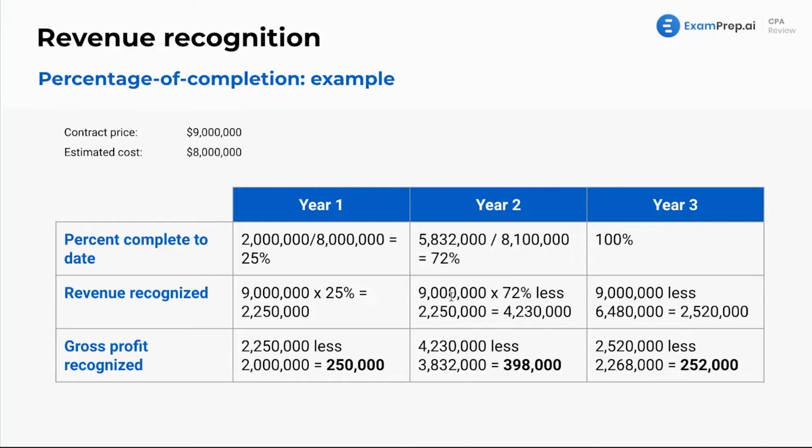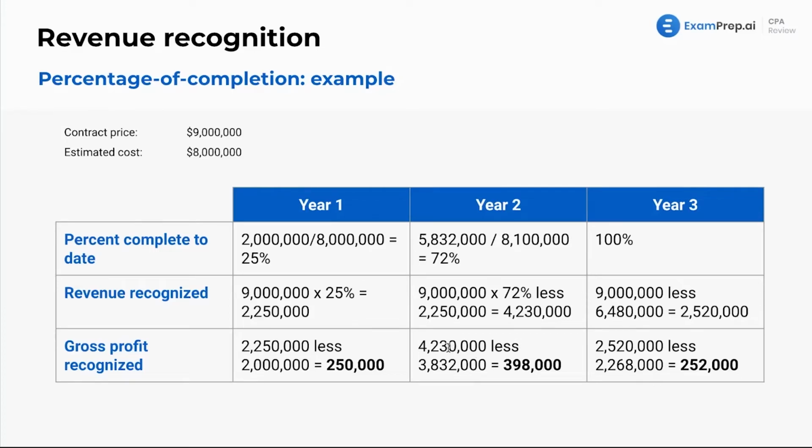All right. Now 72% of 9 million. And then we subtract out the revenue that was recognized before because we don't want to double count. That gets us to total revenue recognized solely in year 2 of $4,230,000. So far, what have we recognized? 2,250,000 plus 4,230,000, which is a total of 6,480,000.